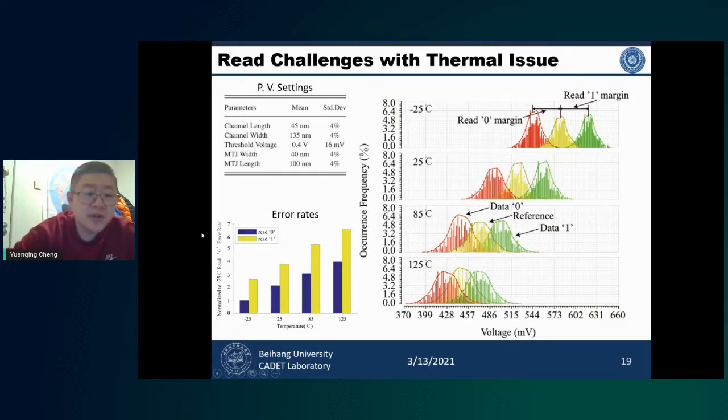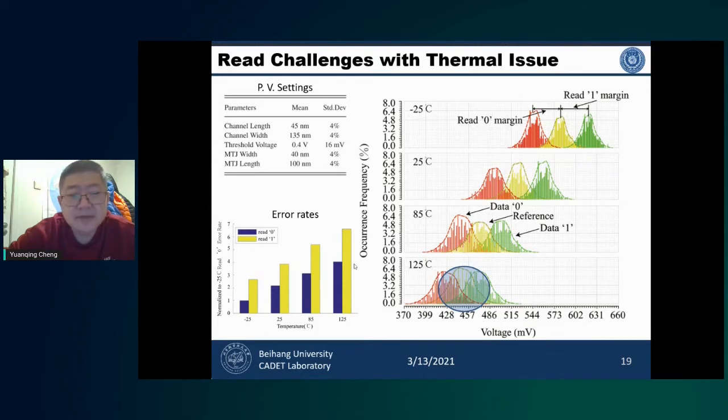So in the left bottom side of the slide, we can clearly see the increasing error rate for the read operations at different temperatures. This is a very important issue that needs to be resolved.